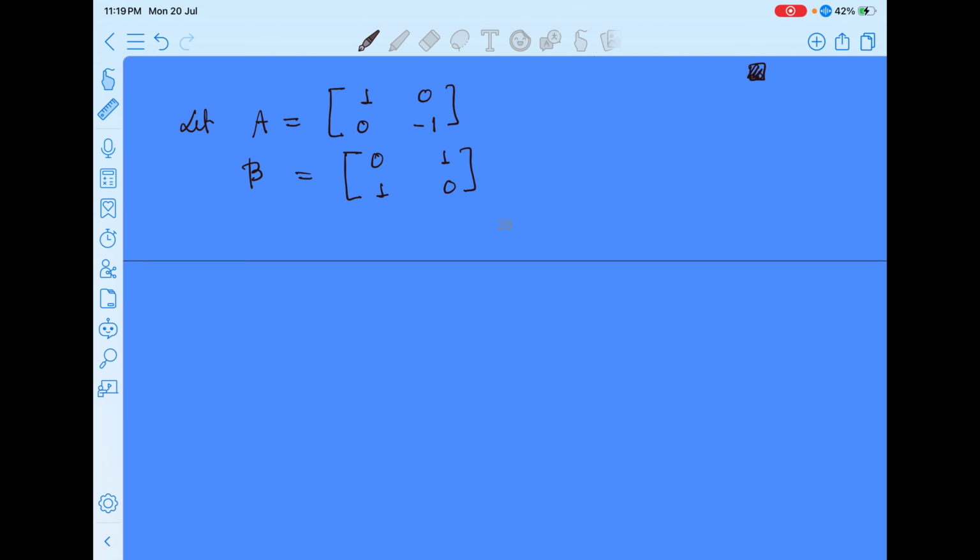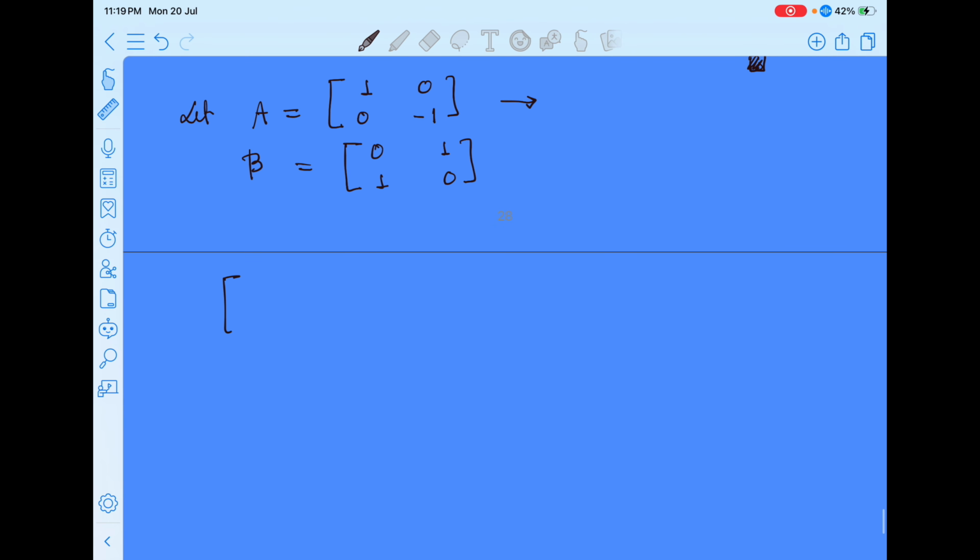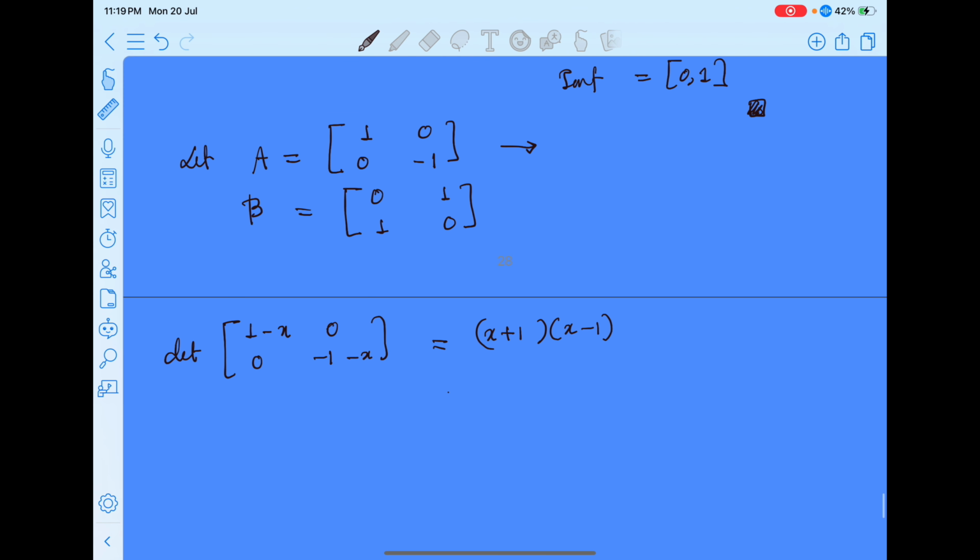Then what is the characteristic polynomial of A? So det of [1-x 0; 0 -1-x] gives you (x+1)(x-1). So this is diagonalizable because the minimal polynomial is that, and the minimal polynomial has distinct factors. So A is diagonalizable.